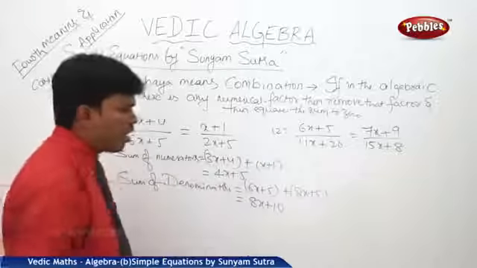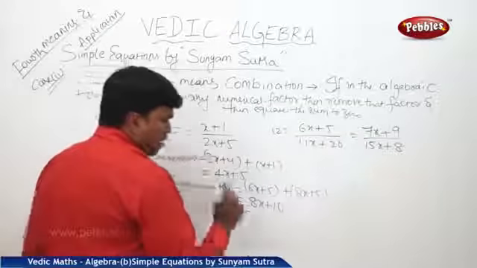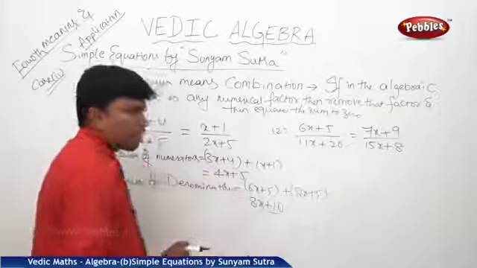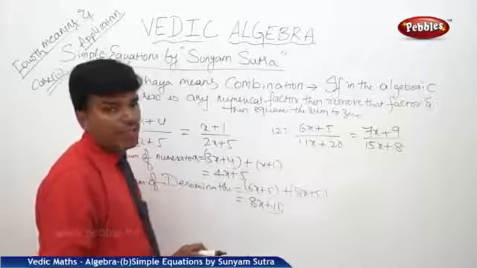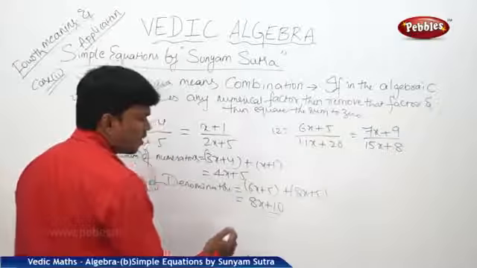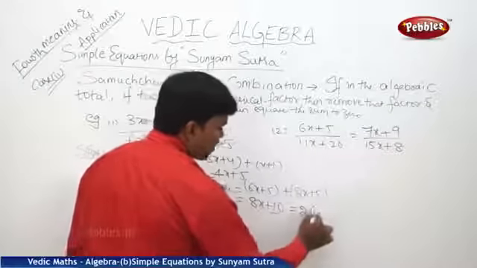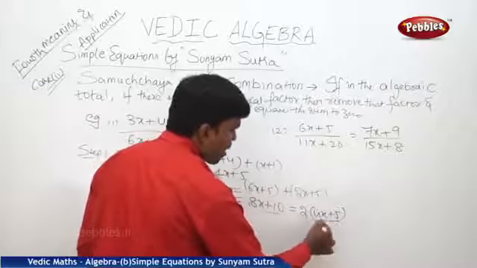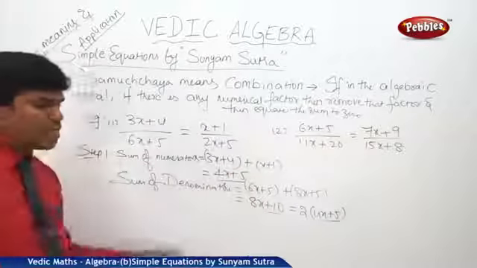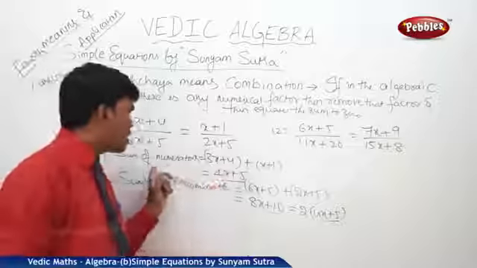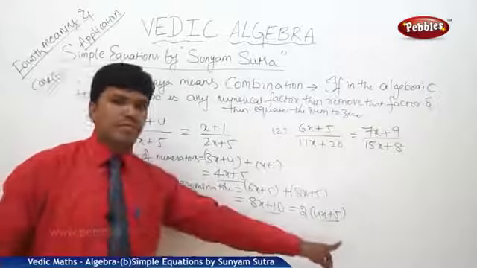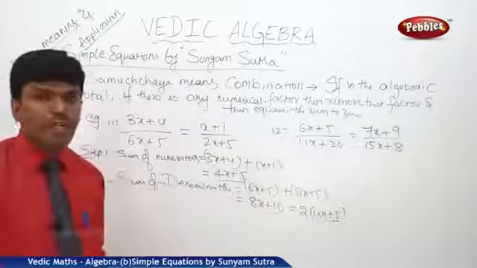If you observe, in 8x plus 10 there is a common numerical factor. What is the common numerical factor? If you take 2 common out, it is nothing but 4x plus 5, the same sum which we got in the sum of numerators, by taking out the numerical factor 2.